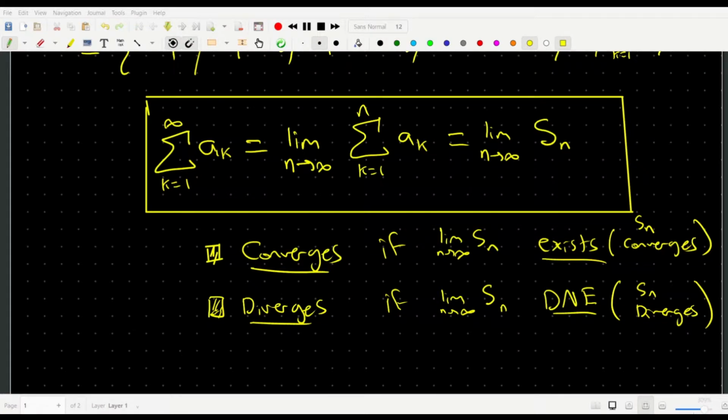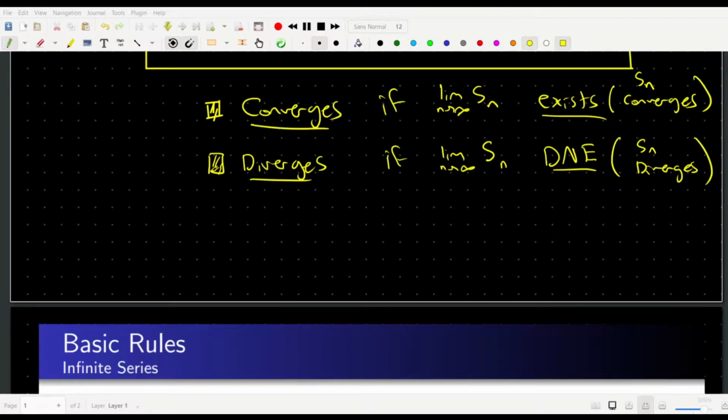So what I want to do right now is first go over a couple basic rules for infinite series. In the following set of rules, I'm going to omit the bounds of summation, but we're talking about infinite series in all of these expressions.